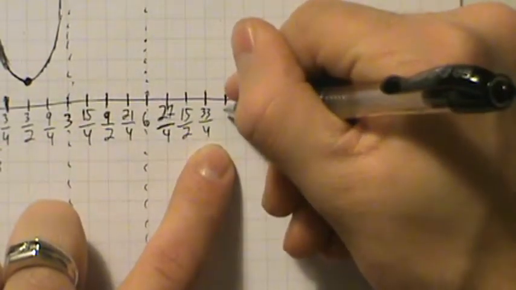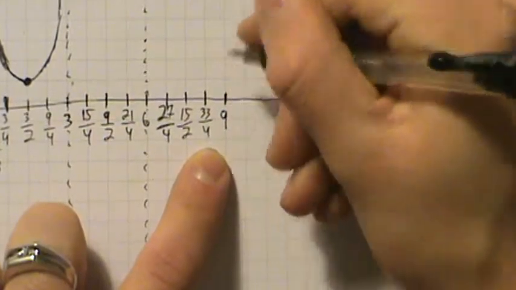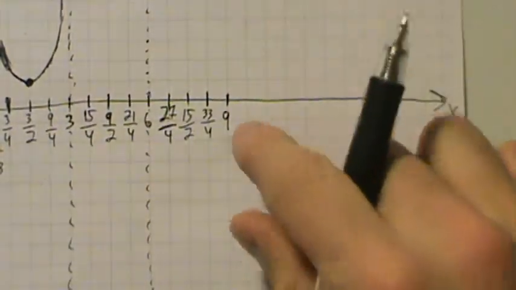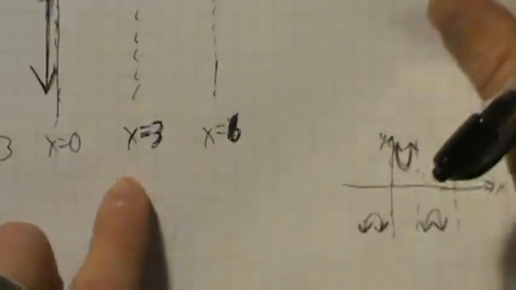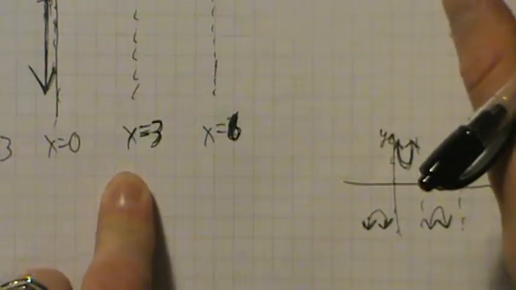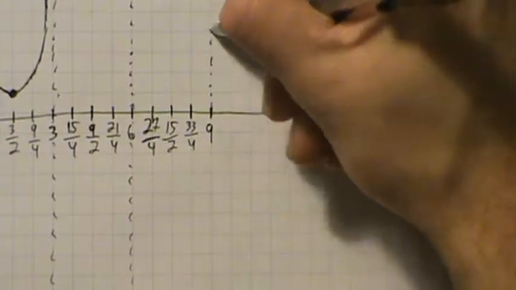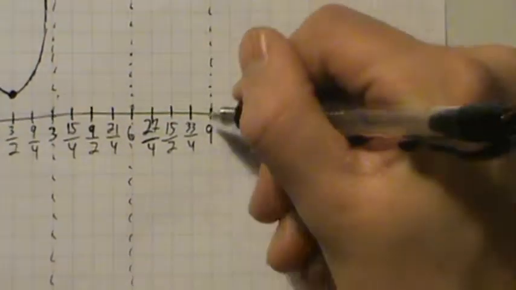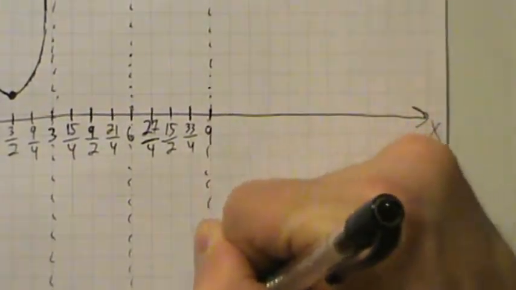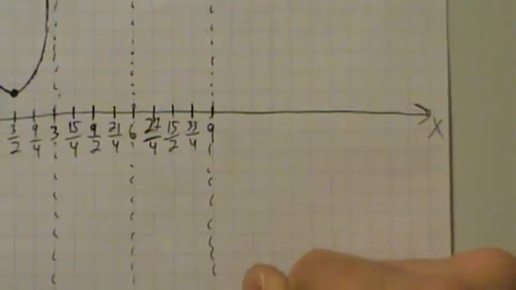So 36 divided by 4 is going to be 9. And again, we have another vertical asymptote at x equals 9 because we have one at x equals 3, and then if we go 6 units to the right, we're at x equals 9.